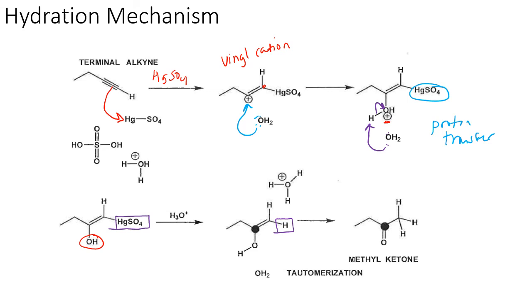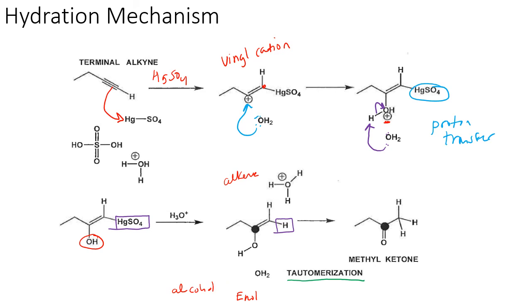Next, we're going to go through our tautomerization, because notice what we have now after the mercury sulfate has been replaced with a hydrogen: we have an alkene here, we have a double bond, and we have an alcohol here. And so together those are an enol. Enols are unstable and they want to rearrange, and so they will undergo tautomerization to be in their more stable keto form in this case.